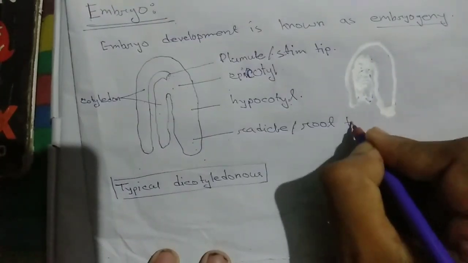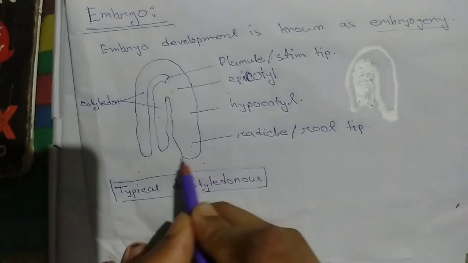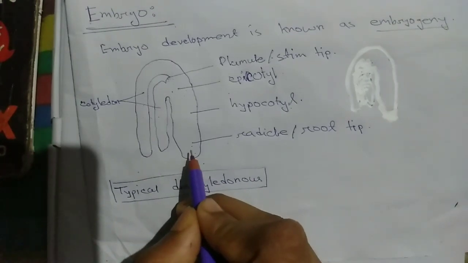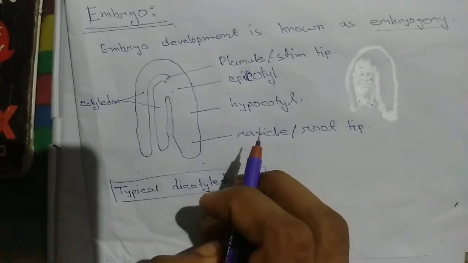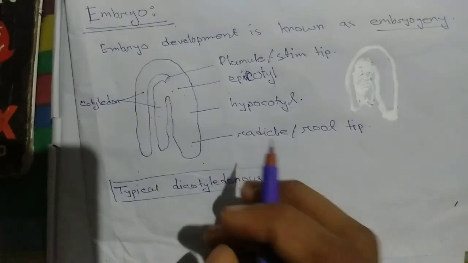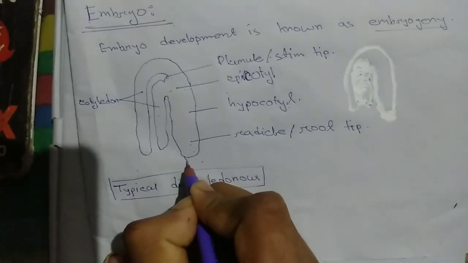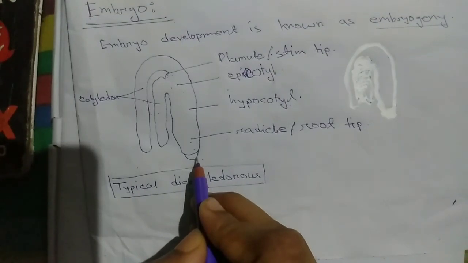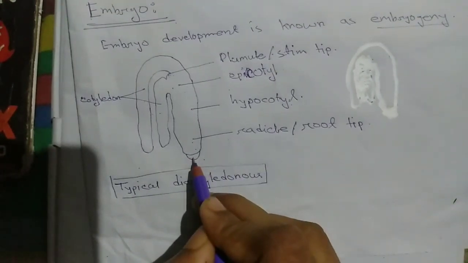The radicle, or root tip, is covered by a structure like this, which we can find on the radicle part.